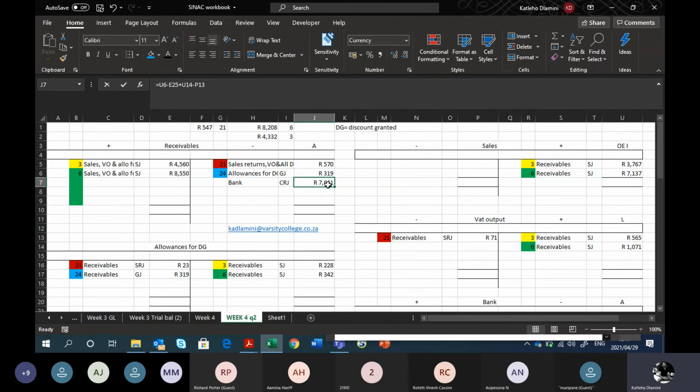Another way to do this, a simpler way. If I take my sales and I subtract my returns, I get 79 whatever. Okay, I went overboard.